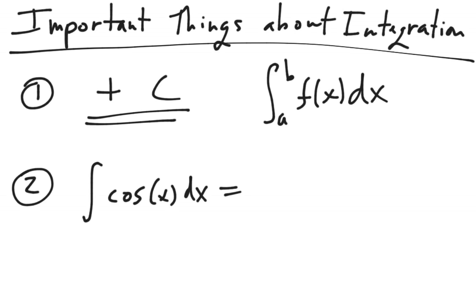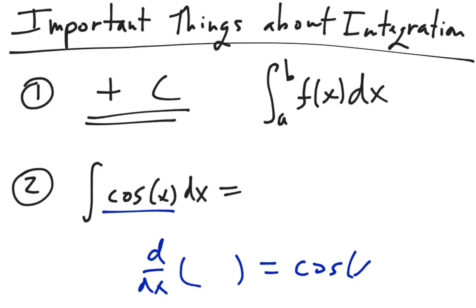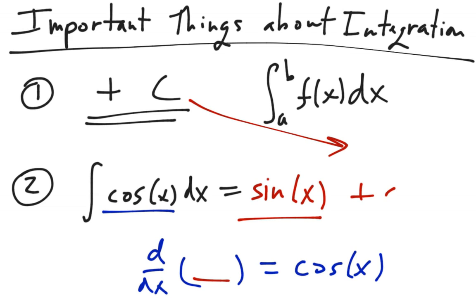The answer is cosine. The question is, what function do I take the derivative of d/dx of to get cosine? And the answer is sine. And so therefore the antiderivative of cosine of x is sine of x, wait for it, plus c.